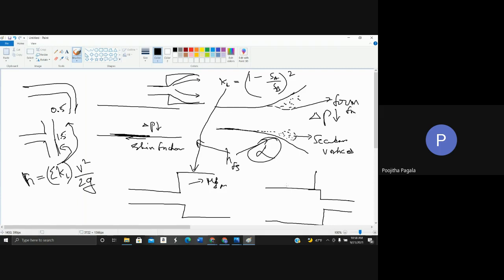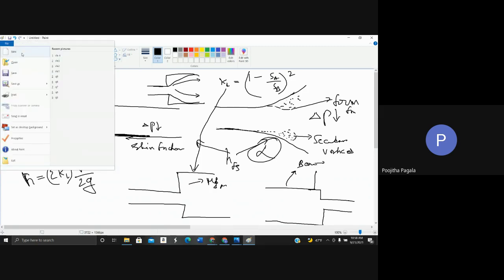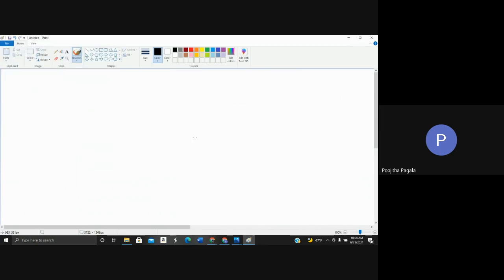And in case of sudden contraction, you cannot apply the Bernoulli's equation, or you cannot analytically obtain the KL coefficient. The reason is because the flow when there is a sudden contraction is more complicated.